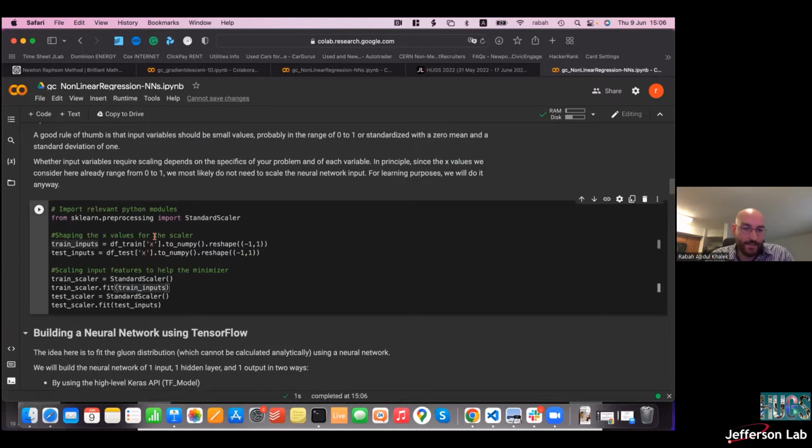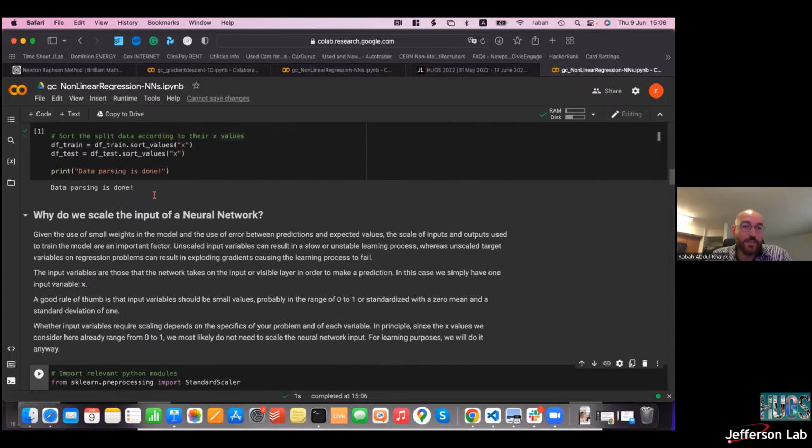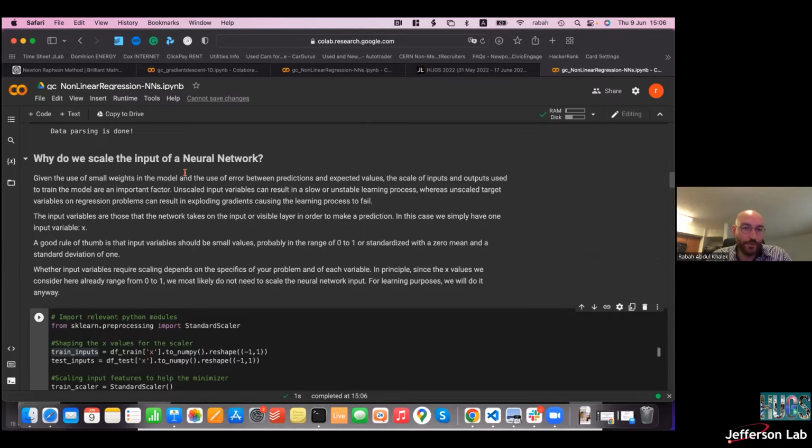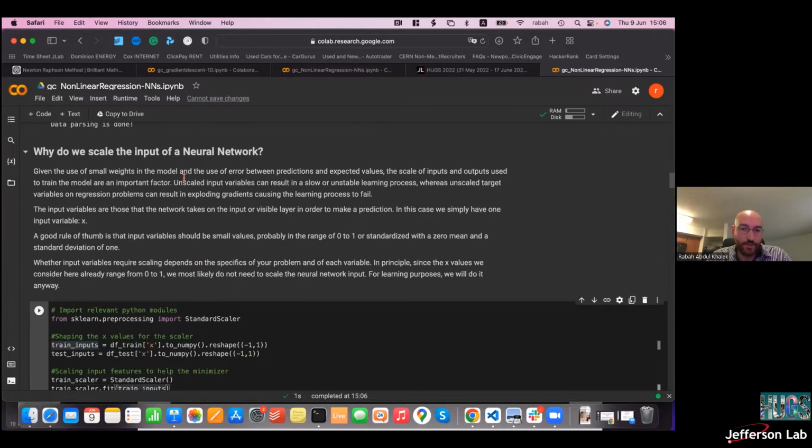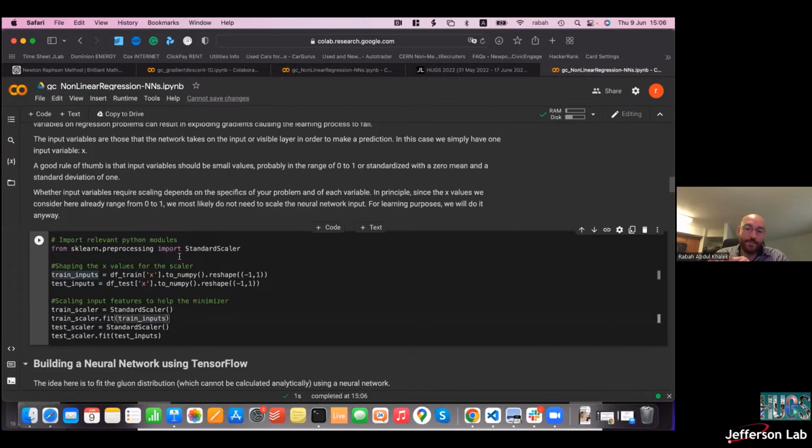In the second cell, I'm going to scale the input of the neural network. This is something I didn't mention, but sometimes it helps in the training to change the mapping of the input that you have for the neural network. So for example, if I have x, which is logarithmically distributed, the neural network would perhaps prefer to see it on a linear scale.